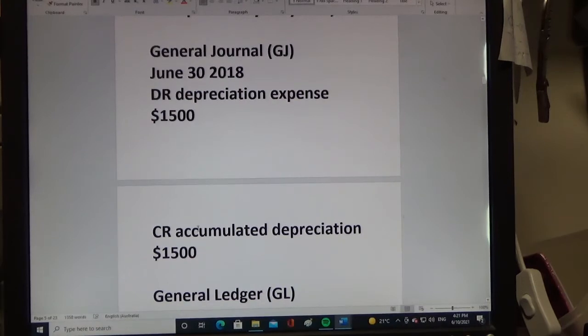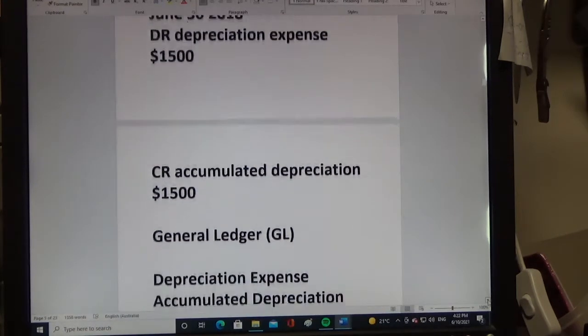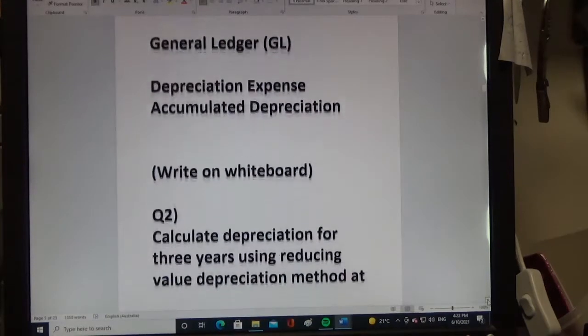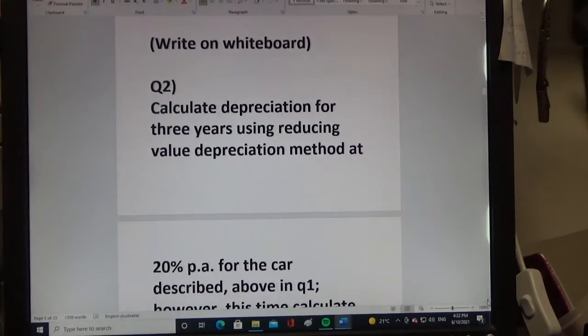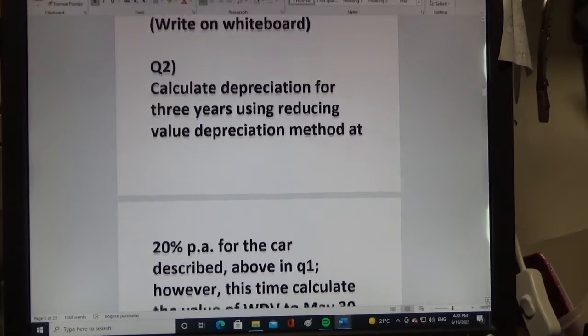Also look for accumulated depreciation ledger, the right hand side, the credit side. It's a credit, put 1,500 in, but label it depreciation expense. So that's the General Ledger posting, and I've already written what we need on the whiteboard.